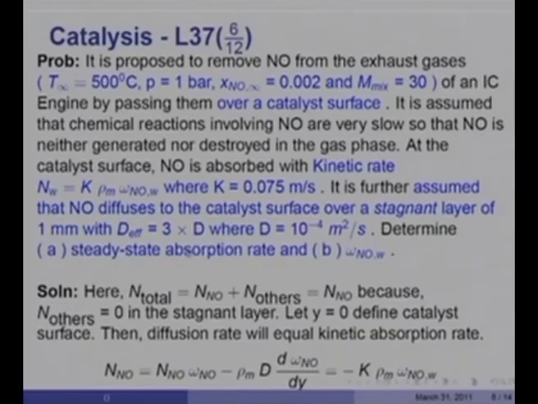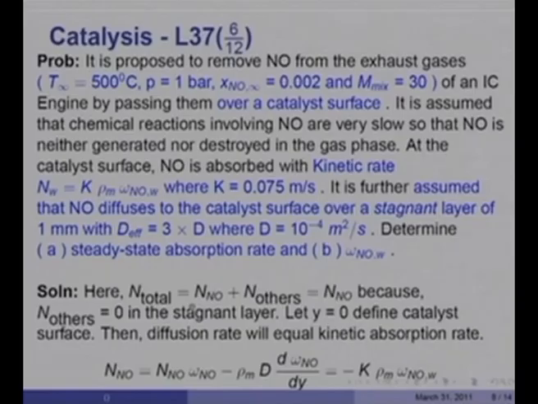So, determine the steady state absorption rate of NO and omega NOW. Here the total N will be N NO plus N others, but we have been told that this is a stagnant layer.